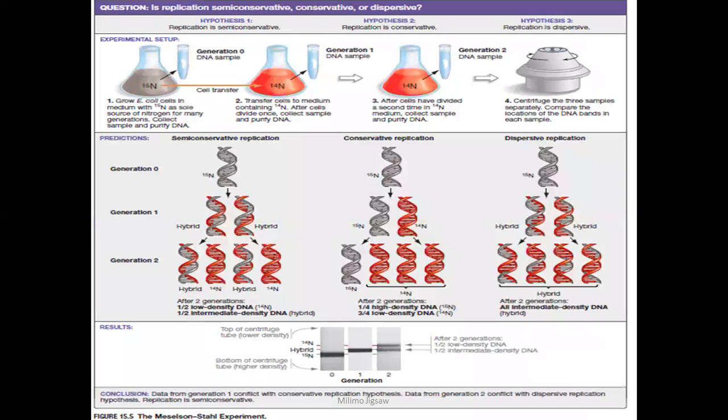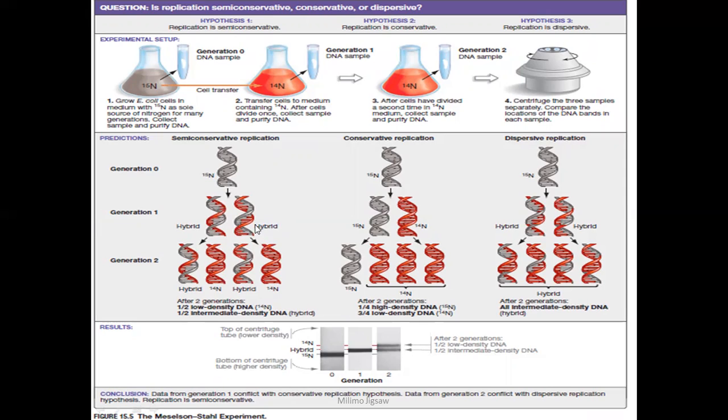So what this experiment proved was that DNA was actually semi-conservative, as we can see here. Because the result after generation 1 in 14N was an intermediate or a hybrid, which agrees with semi-conservative DNA replication.